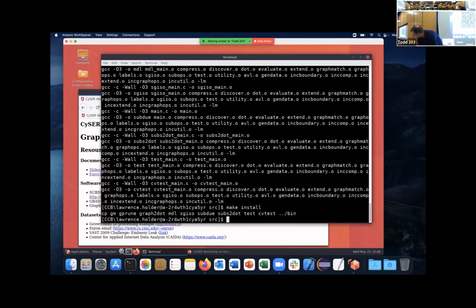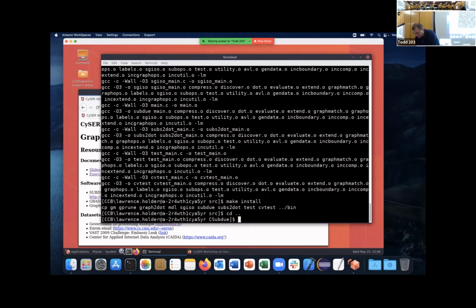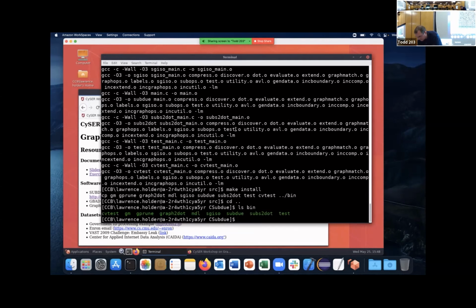So let's see, and then we back up one directory back to the CSubdue directory, and we're going to run subdue on that sample file. So subdue is now in this bin directory here. It's right there. So we're going to say bin subdue, and then the graph, of course, that we just saw lives in the graphs directory. So we'll say graphs, and then the actual graph.